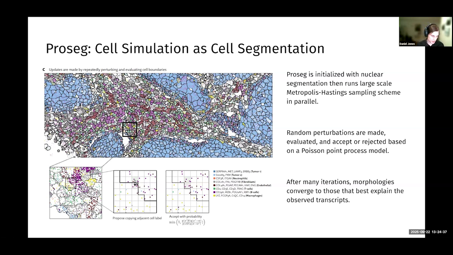In this case, we nudge the boundary down, and you have more of these purple transcripts, which are B cell specific transcripts, along with other purple transcripts. That will be a higher probability result, and we're likely to accept that proposal. But if it makes it worse, we tend to reject that proposal. So we're running these random perturbations and accepting them probabilistically for many, many iterations until it converges to something that's high probability.